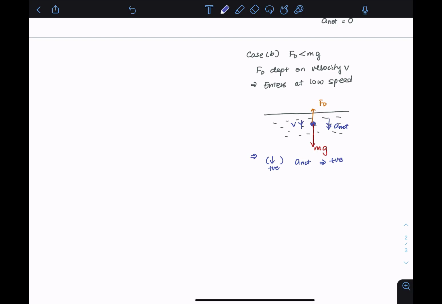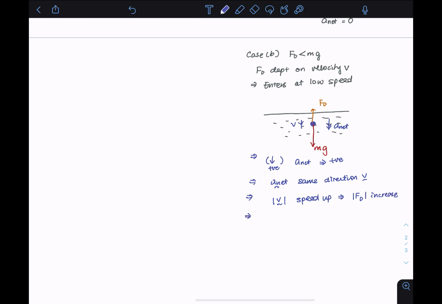Then subsequently what happens? Because the acceleration is in the same direction as the velocity, the object is going to speed up. As the speed increases, the magnitude of my drag force is going to increase.